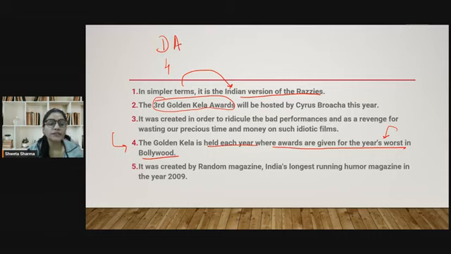Then it says it was created by a random magazine. We can't say it was created in order to. Why it was created comes later, but who created it comes first. So D, A, E, and then you have it was created in order to. This is who created it, this is why it was created, and eventually you have that the third Kela Awards will be hosted.